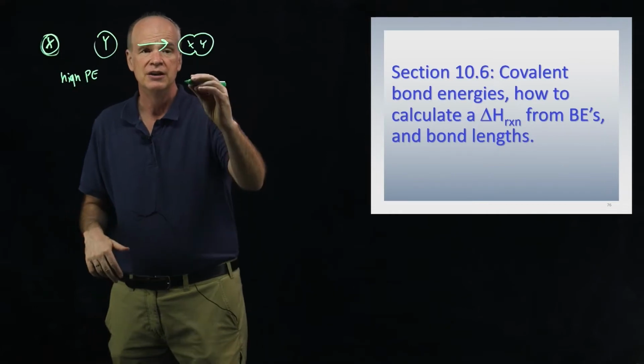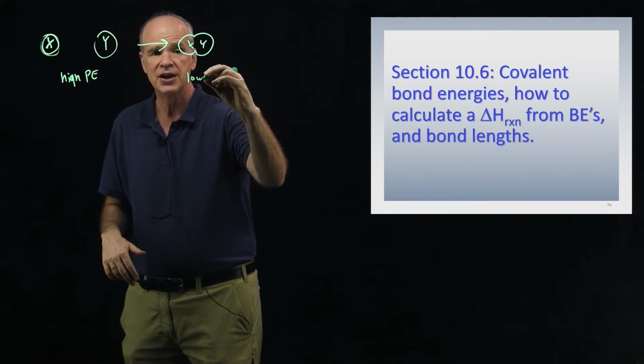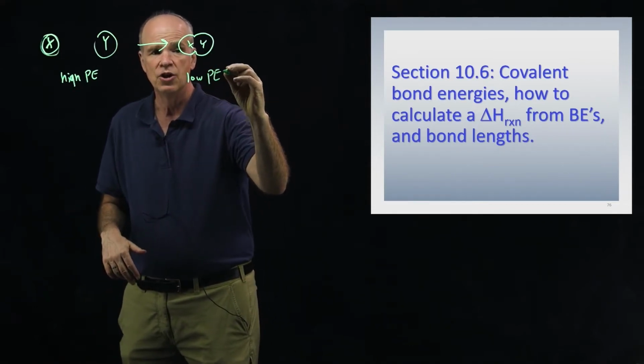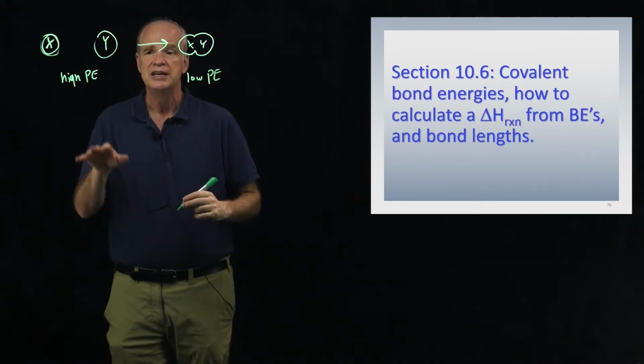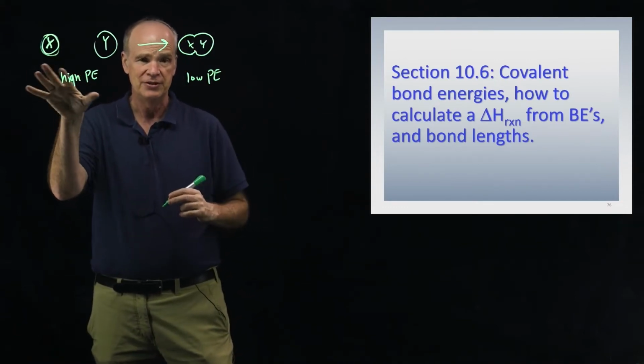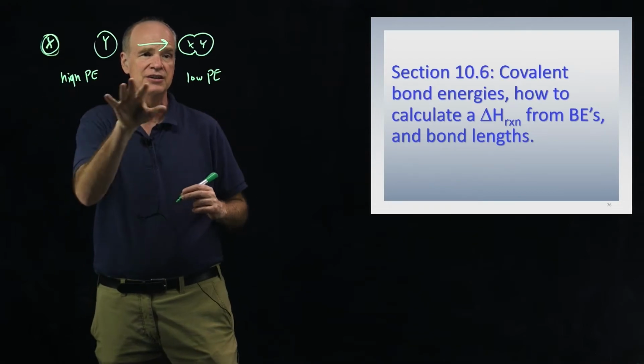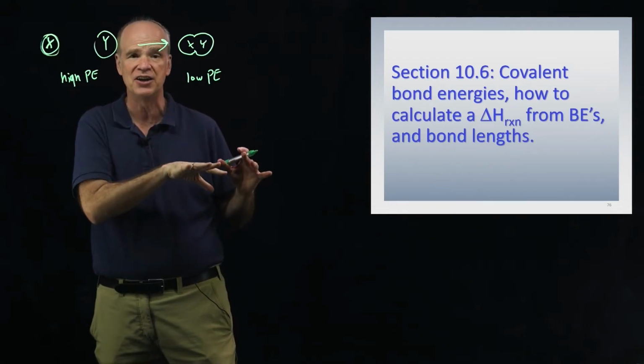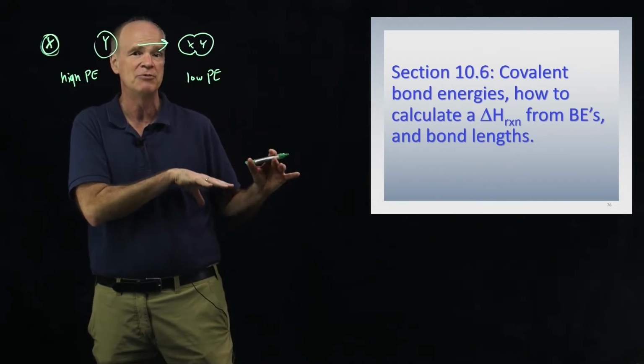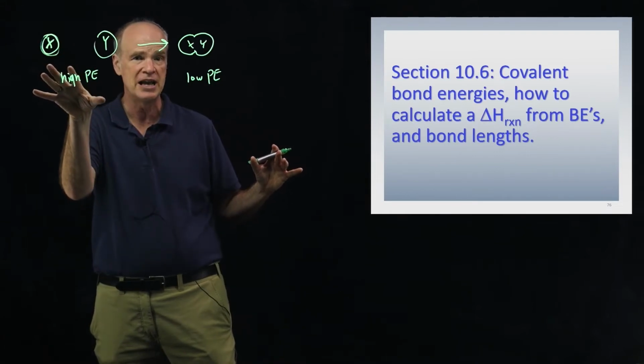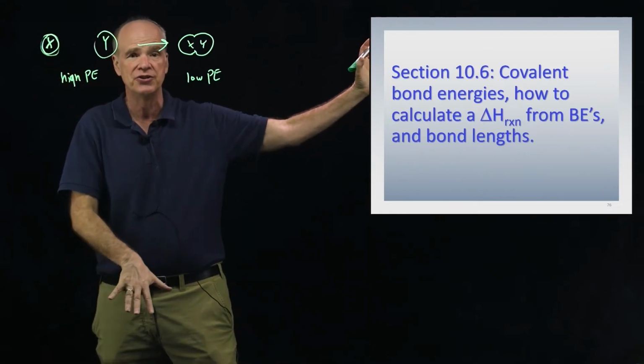And so when you bring atoms together, they get a lower potential energy. If you have atoms out in space, they have a lot of energy, and when they bond together, they'll have less energy. Something has to happen to that extra energy that these free atoms have, and that is just released into space.